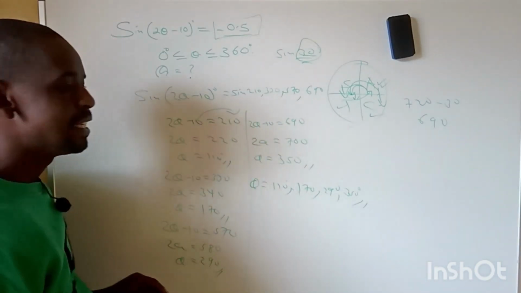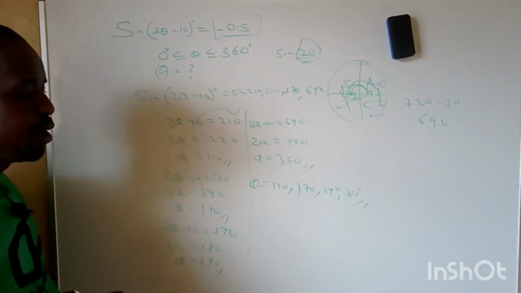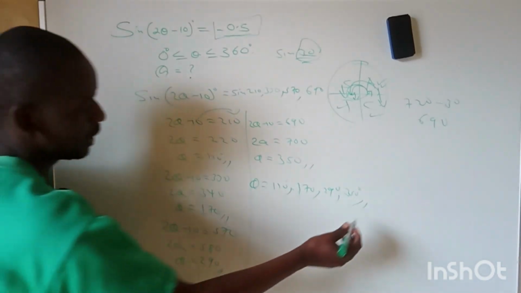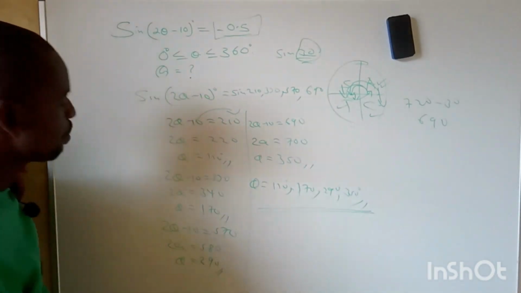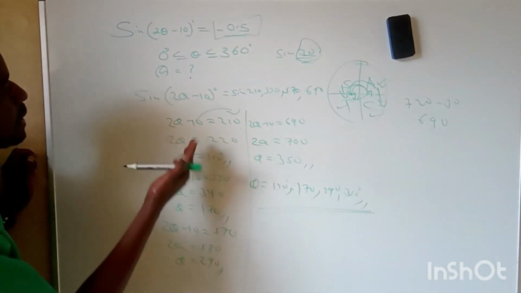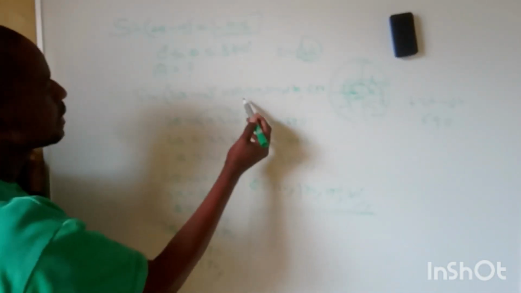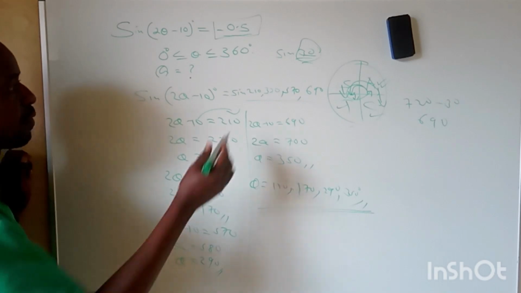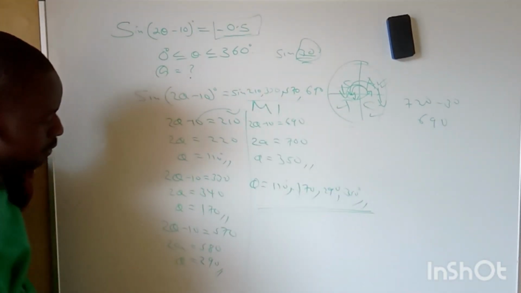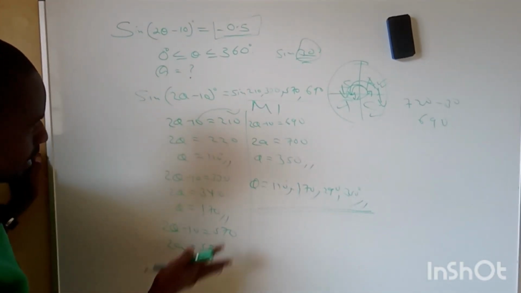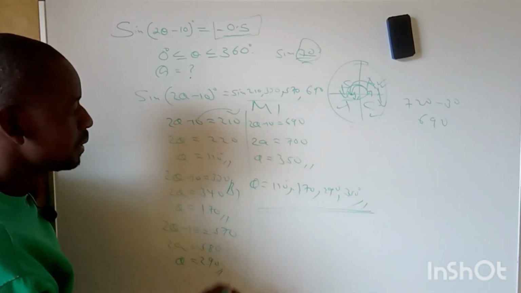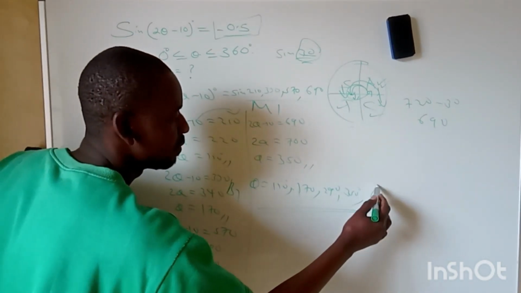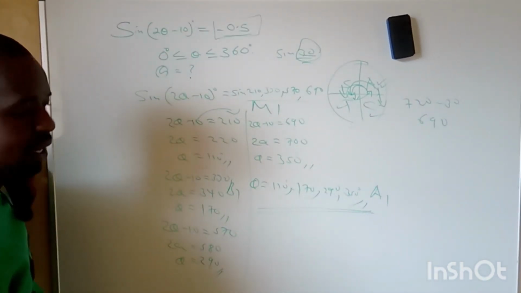So it's easy as A, B, C. That is the answer. This is how we mark it: if you get the values which are the same as negative 0.5, we give you M1. If you get the method right, then we give you B1. Then if all the answers are correct, we give you A1.